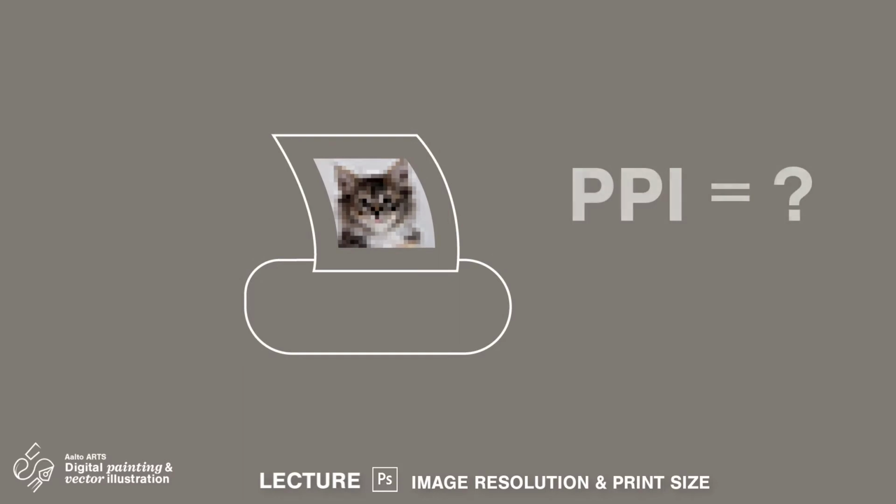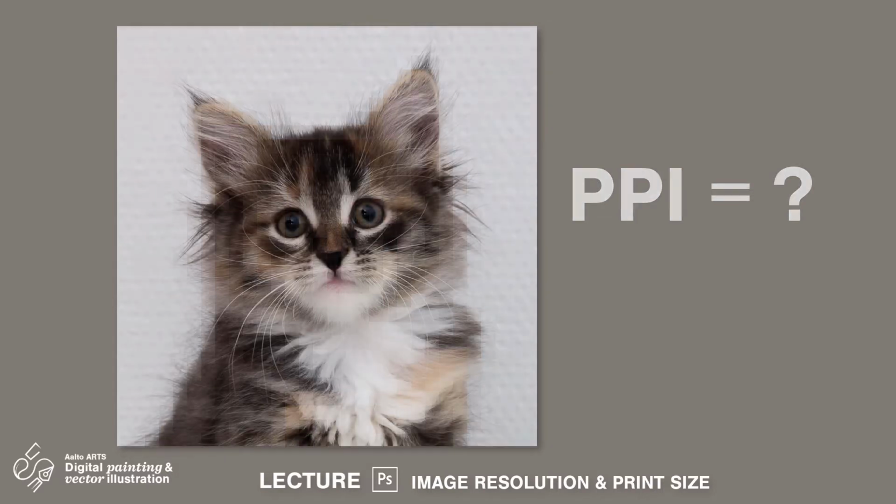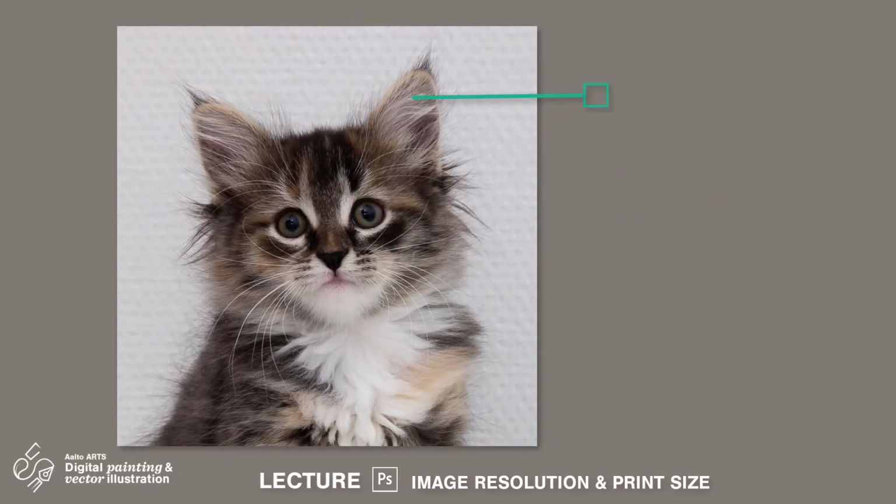So, what is a good resolution for a print? The resolution is good enough when I can't tell the pixels apart. So they need to be really small. A pixel in a print can be only 1/10 of a millimeter for us not to see them apart.